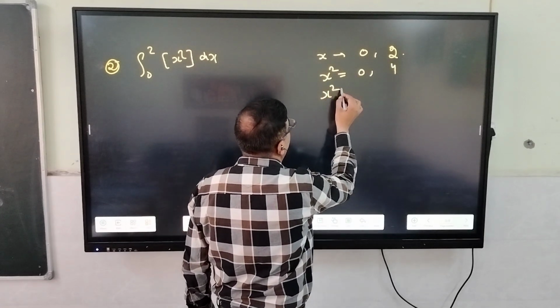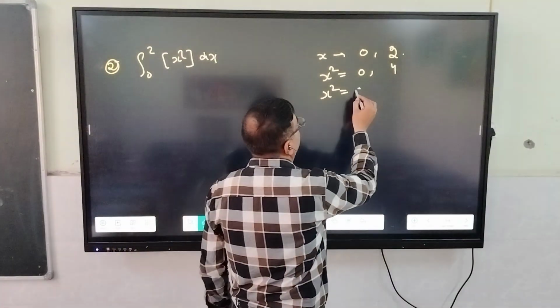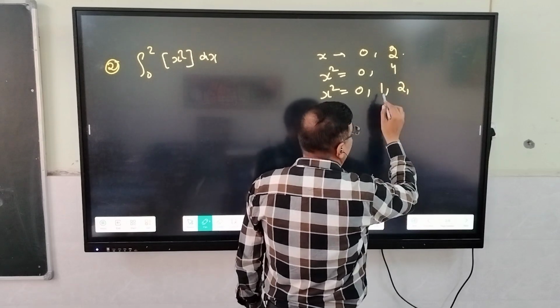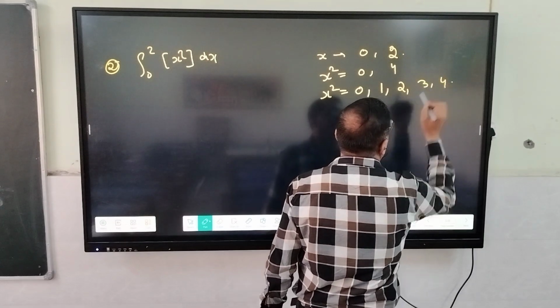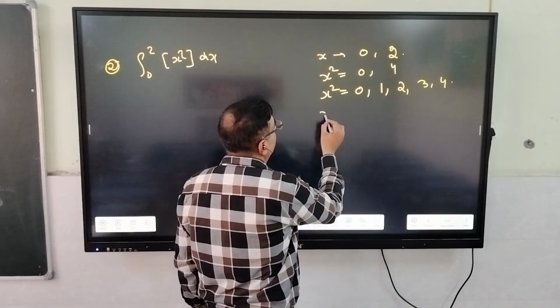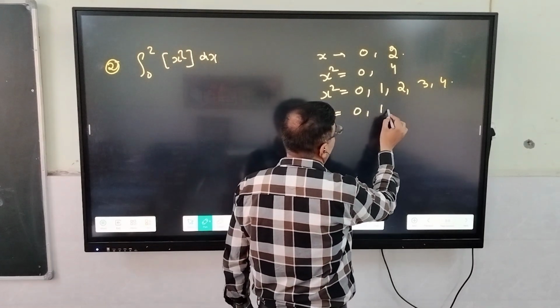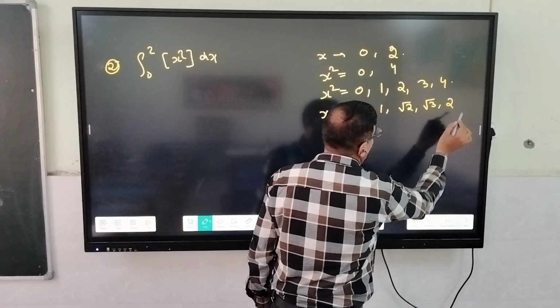Now we will take its integer values. Between 0 to 4 there are the integers 0, 1, 2, 3, 4. And if we take the value of x again, we get 0, 1, root 2, root 3, and 2.